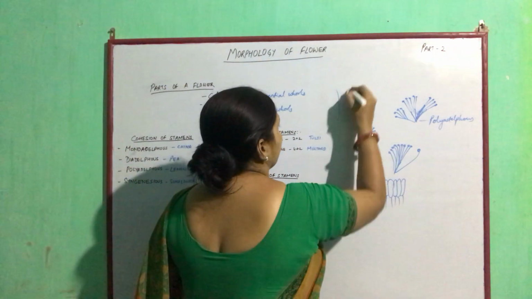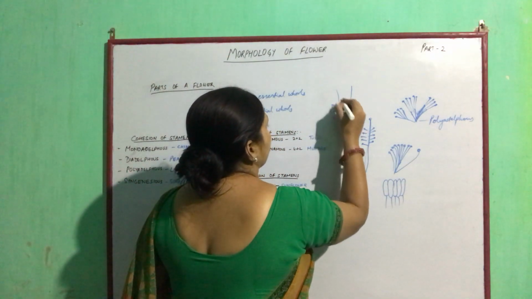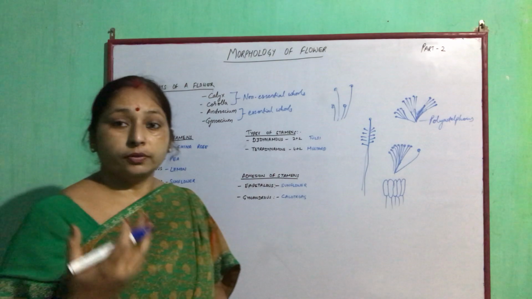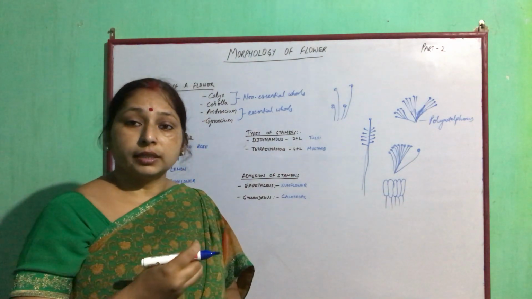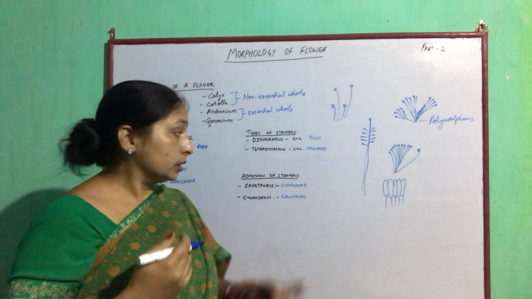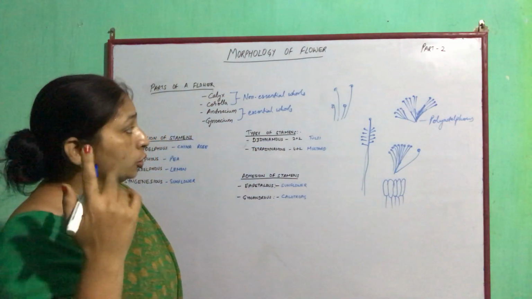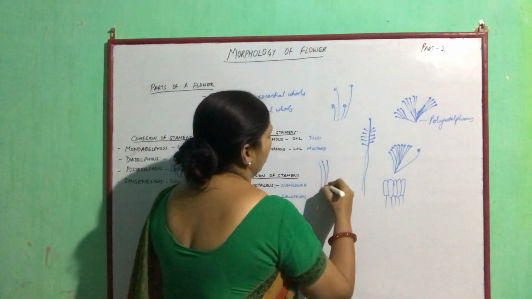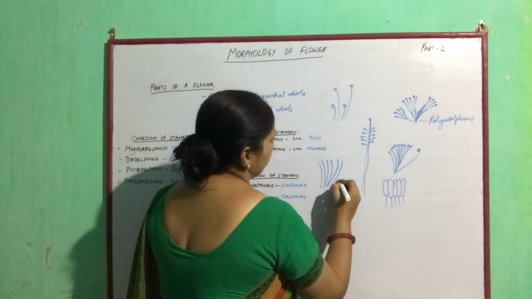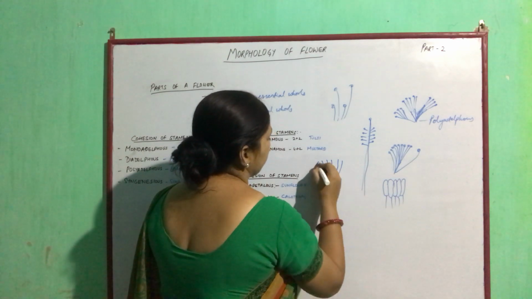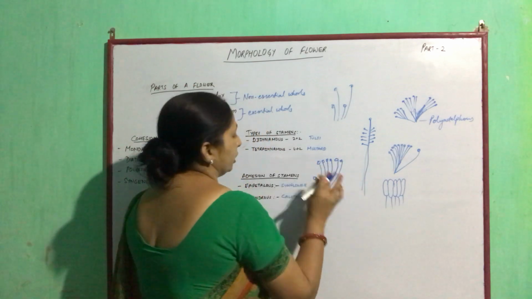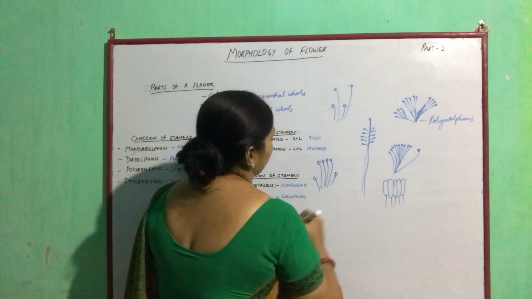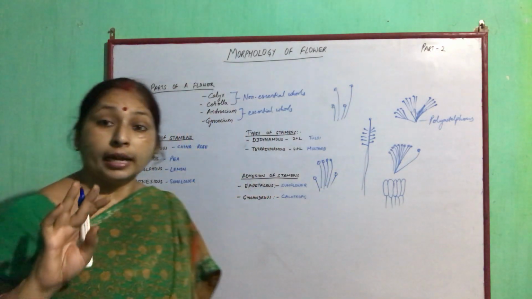So if the stamens are like this, 4 stamens in tulsi. So for tulsi we are giving the example that they form a 2 + 2 structure, 2 long and 2 short, while in mustard the structure is 4 + 2, so total is 6. 4 long and 2 short.